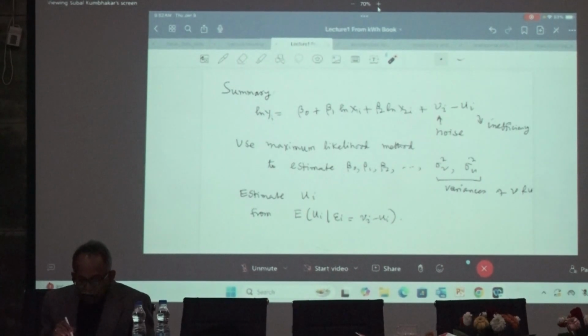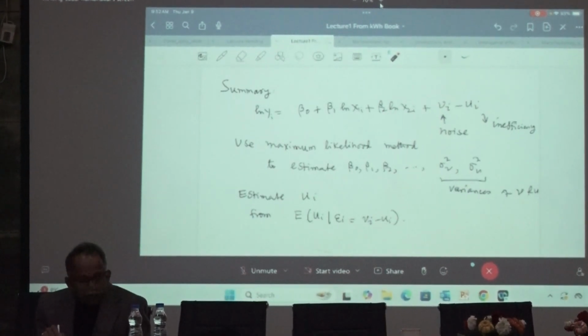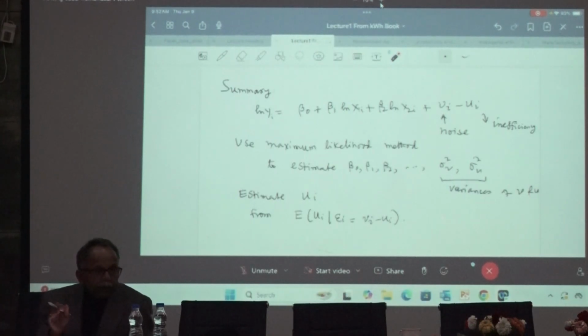As I mentioned, the whole idea is not only to do what you can get without adding the inefficiency term, but our objective is to estimate U. That's the new thing in this area.